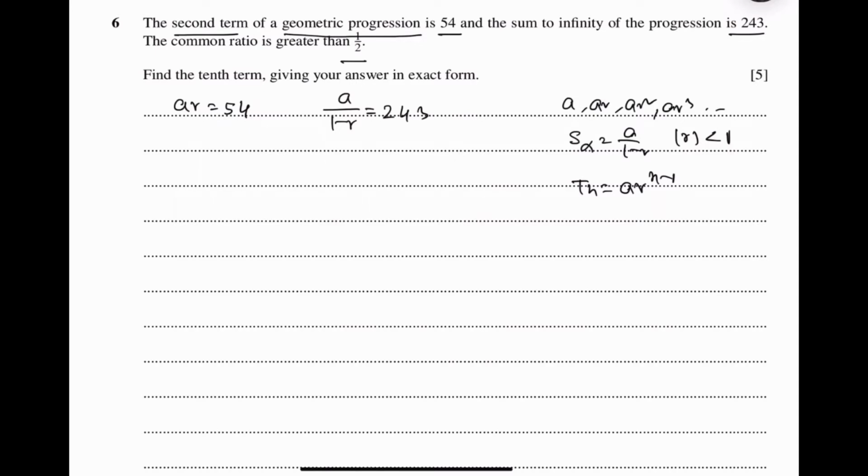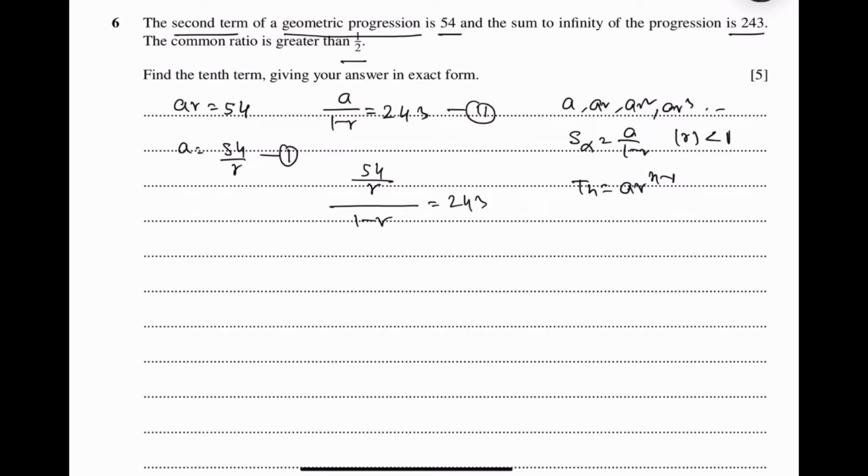We know how to do algebraic simplification. Let me make a the subject. So it is 54 by r, equation number 1, and equation number 2. Let me substitute 54 by r in equation number 2. This is 54 by r divided by 1 minus r equals 243.